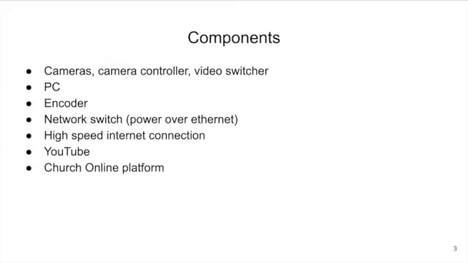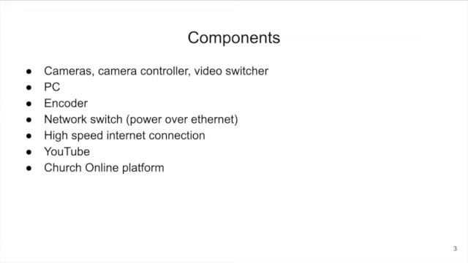So the components, you're probably familiar with most of these. You've handled the cameras, the camera controller, video switcher, the PC. You may not have handled the encoder, and that's the thing that says streaming on the front with the red button. You probably won't have noticed the network switch, but that gives its own little network for most of the stuff in the main church.